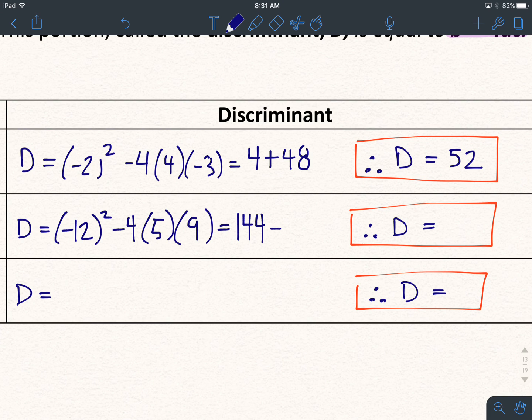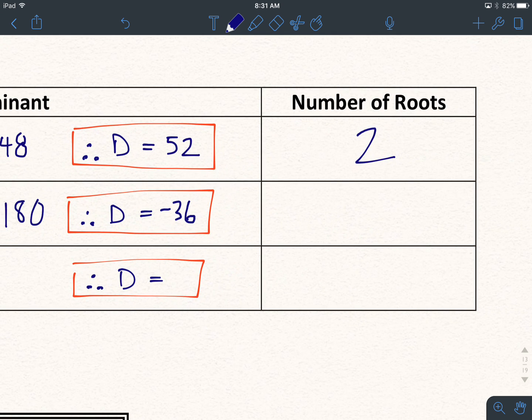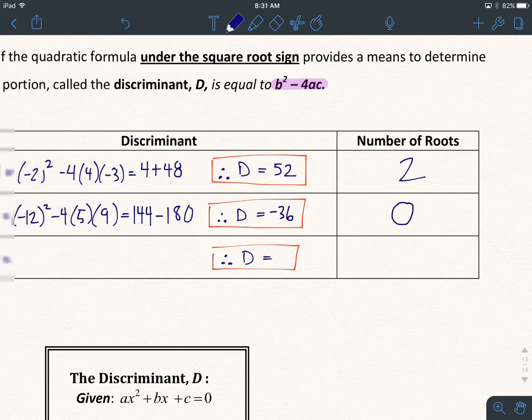I'm recording this early in the morning, and my brain's not 100% on yet, so I'm going to do a bit of a cheat here and just use my calculator. So let's see, we have 4 times 5 times 9, that's going to give us 180. And when we do that bit of math, we end up with a negative 36. And a negative 36, of course, now that negative value is going to correspond to us having 0 real roots.